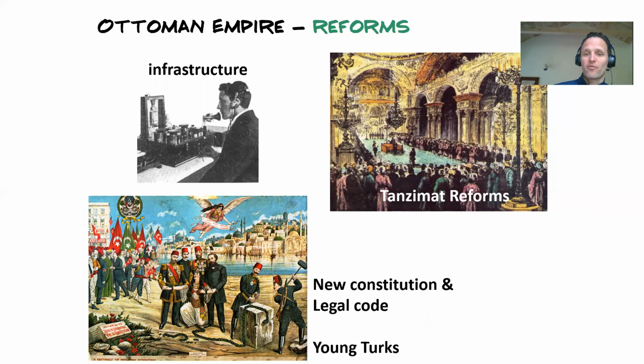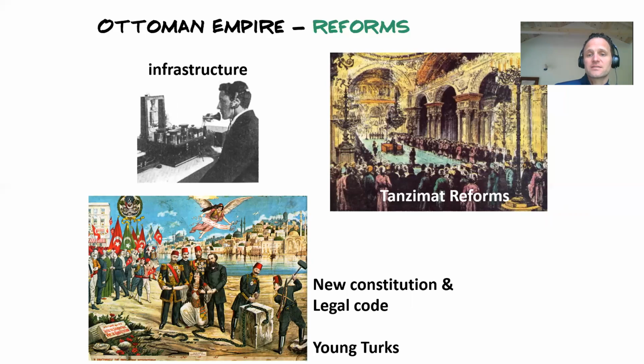The Tanzimat reforms are government reforms that give the people a little more choice in their government. It embraces a little bit more popular sovereignty. It also eliminates some of the old Ottoman systems like the millet system and the devshirme, those kind of tribute systems.